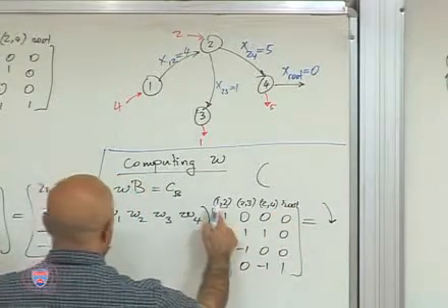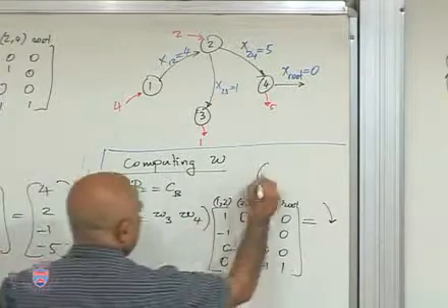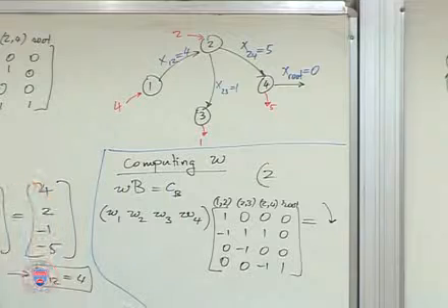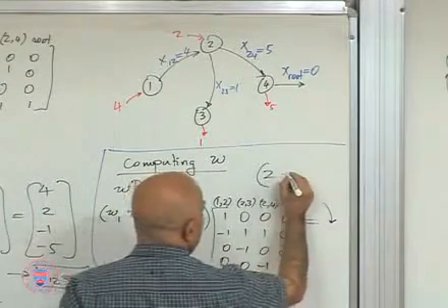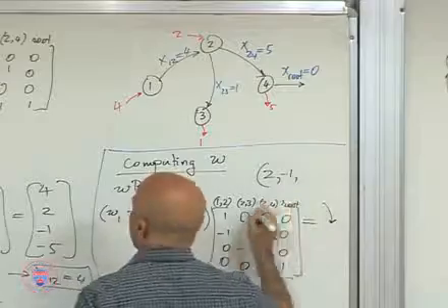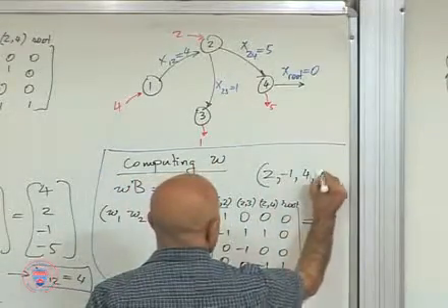So the cost of arc 1, 2 is 2. This is my first basic cost. My second basic cost is the one associated with 2, 3, which is minus 1. The next one is 2, 4, which is 4. The last one is 0.